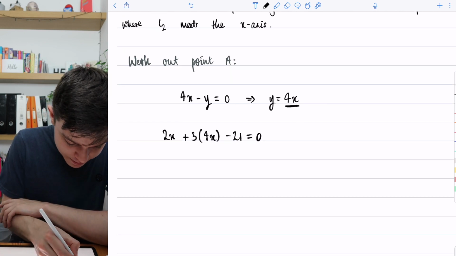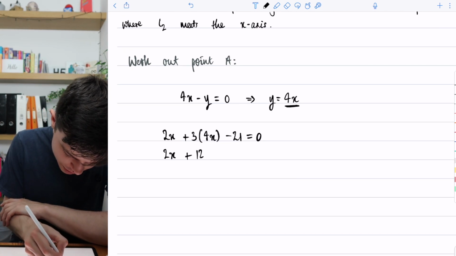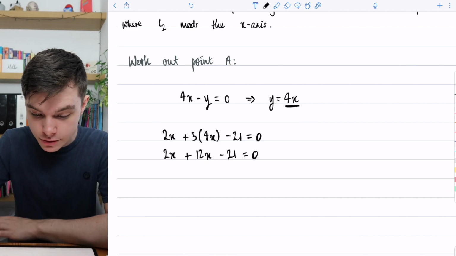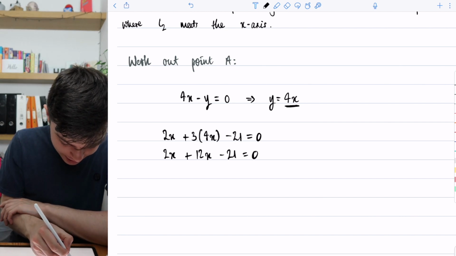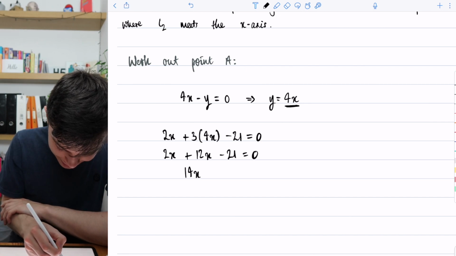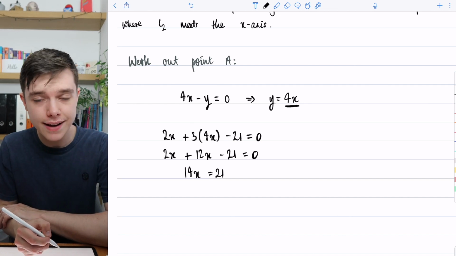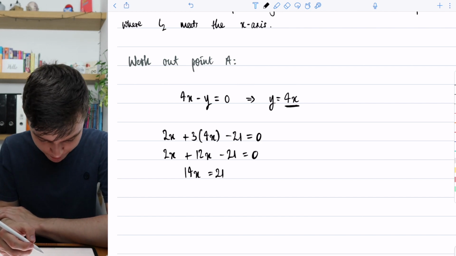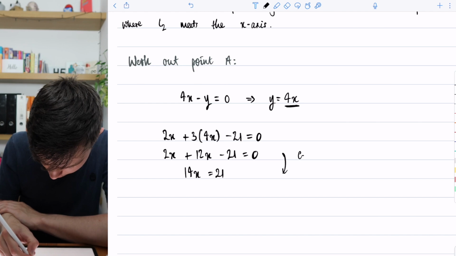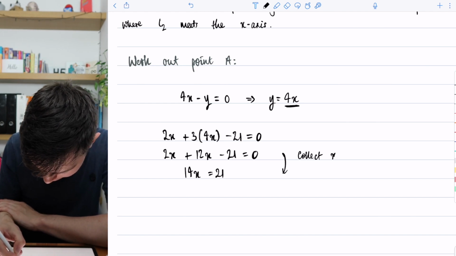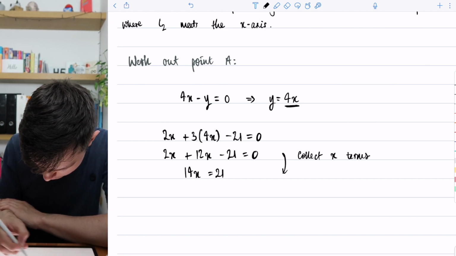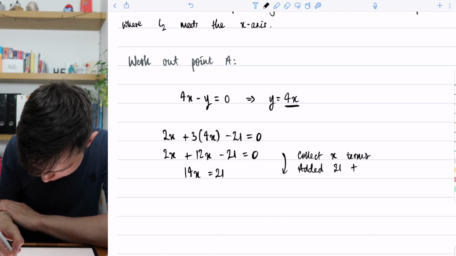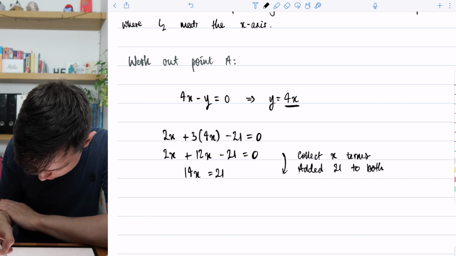If we expand the bracket, 2x plus 12x minus 21 is equal to 0, and then we've got 14x equals 21. We've collected x terms and added 21 to both sides to get rid of the minus 21.